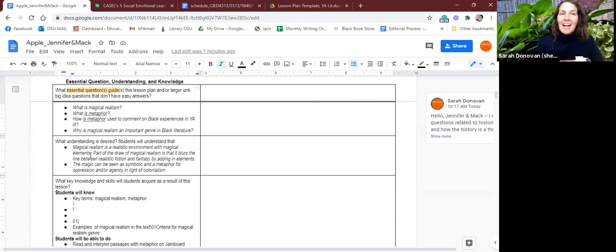And so again, you're connecting the topic of historical trauma with the concept of imagery. That's how you're trying to combine these.